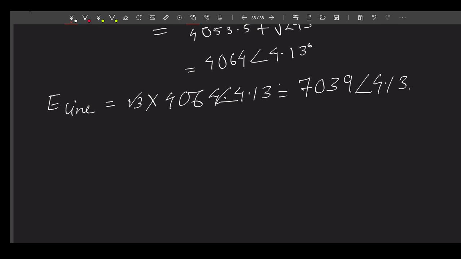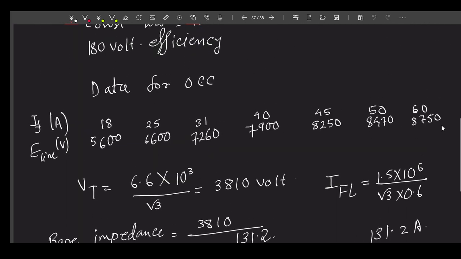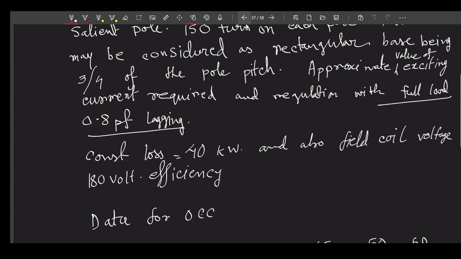Now, from the data of your induced EMF and line voltage, from this we need to figure out what the value of this one is, 7039. So it will fall somewhere between these two. Like if we try to draw the OCC, then it would become better one. So let me just search whether we can get some OCC. Yeah, this is the same OCC.